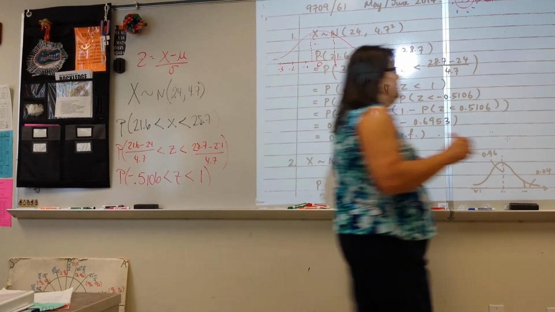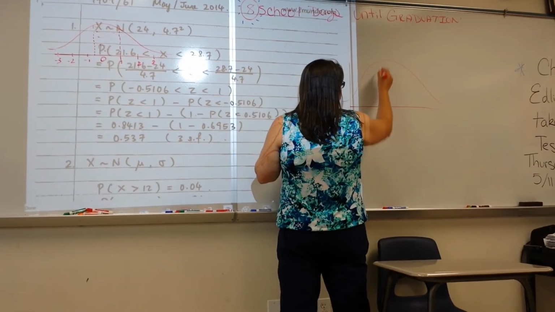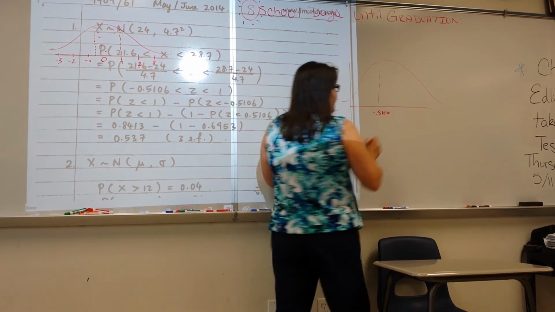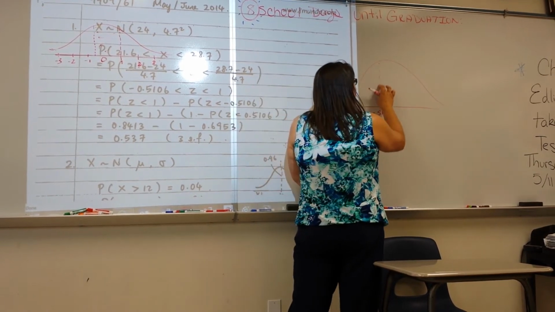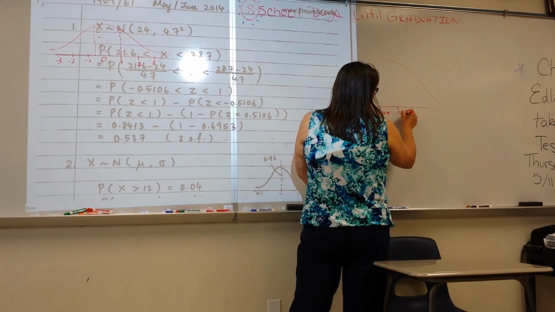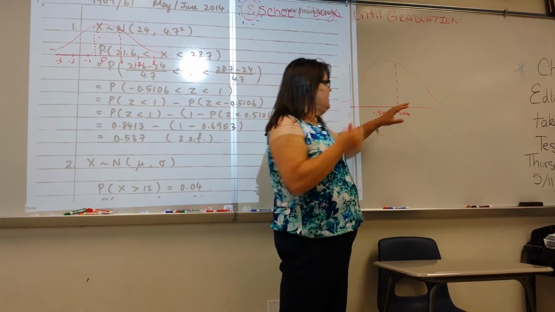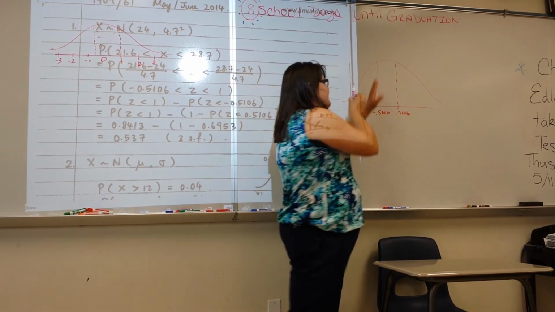So, okay, not so pretty. So you understand negative 0.5106 is here? And we cannot find that. That's a big no-no, right? So what we have to do is find its positive, 0.5106. But what you're trying to find is this to the tail.